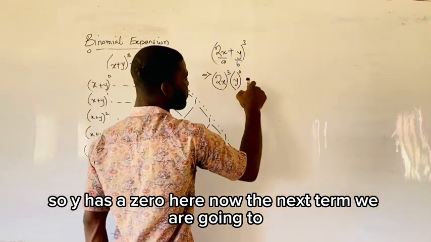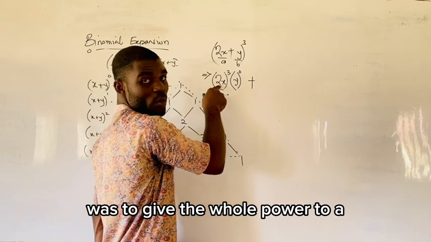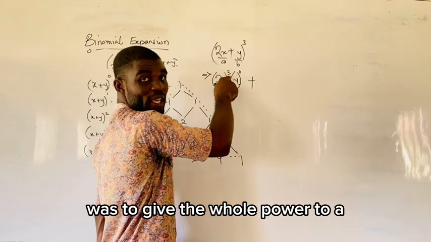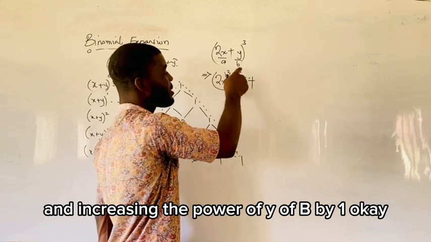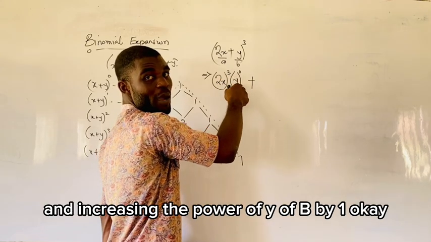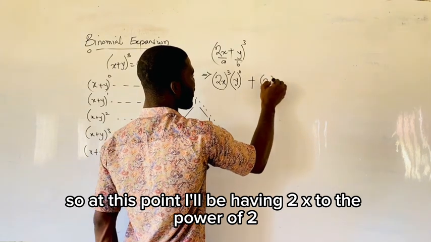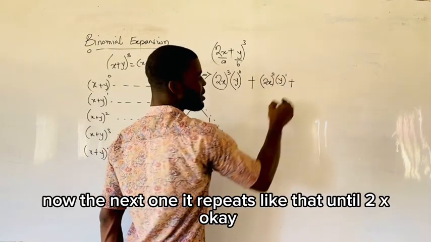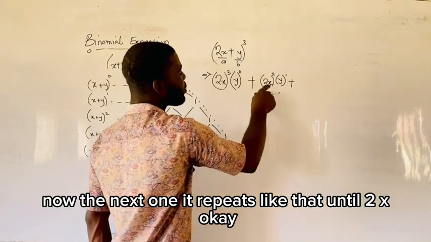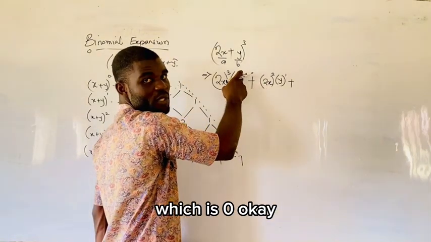Now, the next term you are going to, the first thing you did was to give the whole power to A. This time around, you'll be reducing the power of A by 1 and increasing the power of B by 1. So at this point, I'll be having (2x) to the power of 2 and y to the power of 1. Now the next one, it repeats like that until 2x gets the same power as y had in the beginning, which is 0.